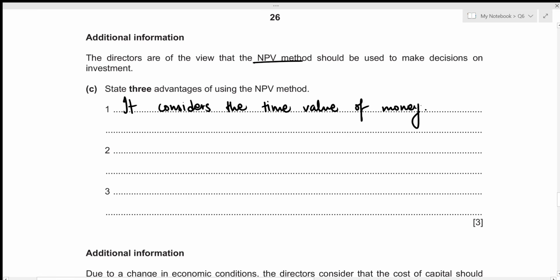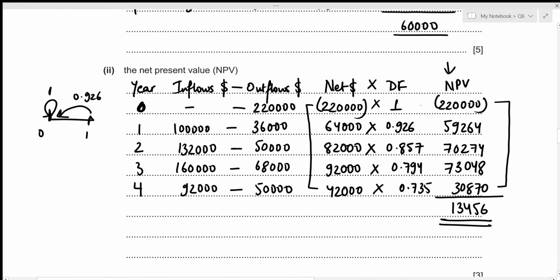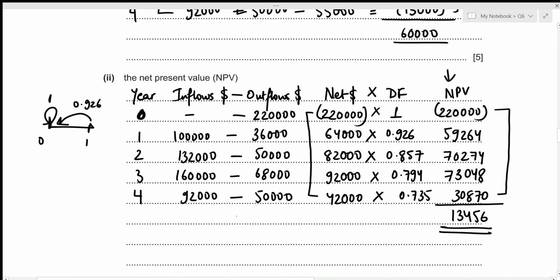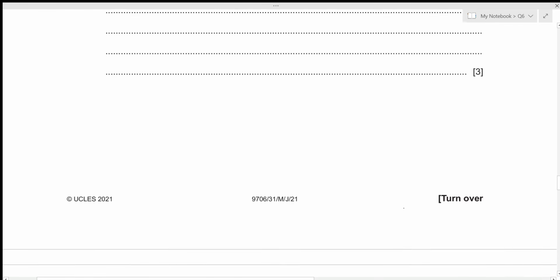Secondly, net present value method also considers all the cash inflows and outflows over the investment's lifetime, because like we can see above, for the net present value, we incorporated the inflows, outflows, and then we figured out our net cash flow and then discounted it in order to incorporate the time value of money factor in order to figure out the net present value. So that's an advantage as well. Let's write it down.